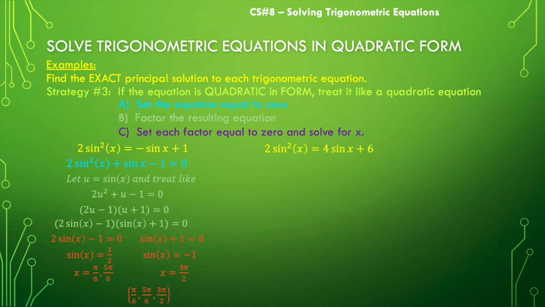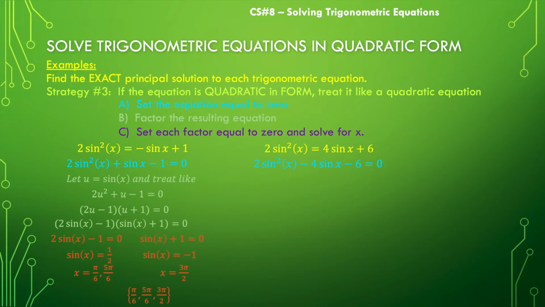For the second example, we're going to work it through the same way. We see it's a quadratic, one trig function. The maximum degree is a squared. So we can set the whole equation equal to 0. So we would say 2 sine squared of x minus 4 sine of x minus 6 is equal to 0.